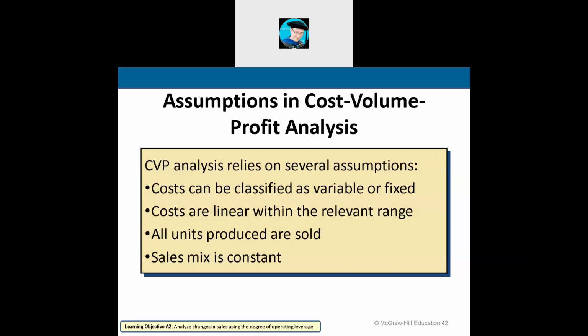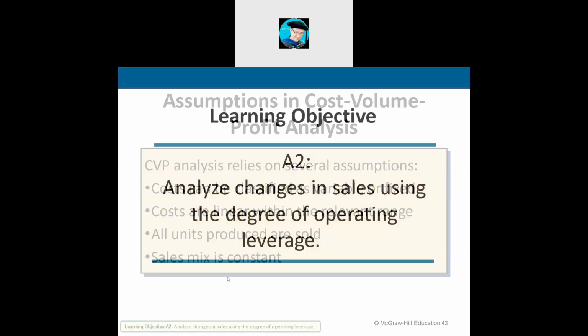Costs are either going to be variable or fixed. They're within range based off of that linear regression I showed you. They're within range typically. You know, like the monthly variable costs are usually within a small change, right? All units produced should be sold, and the sales mix is typically constant. Those are your assumptions.